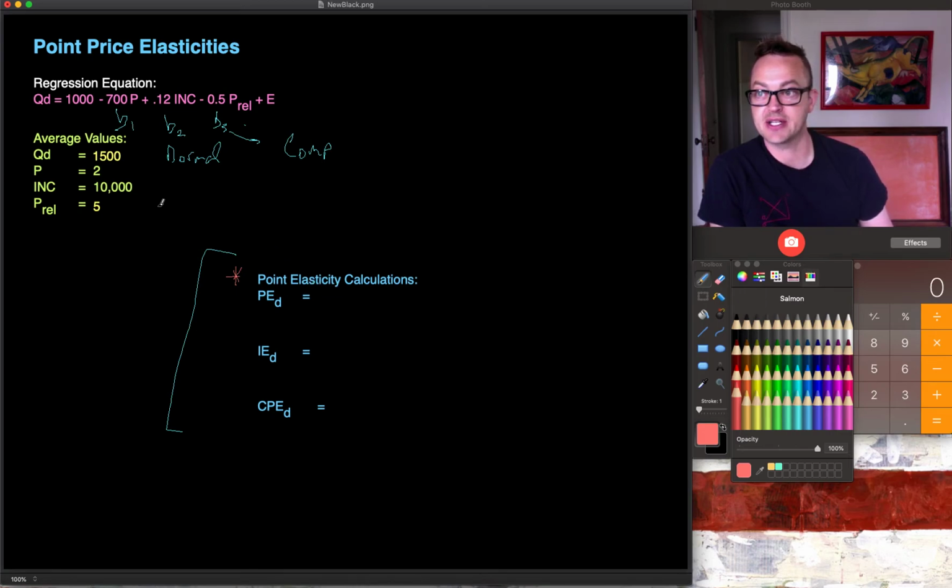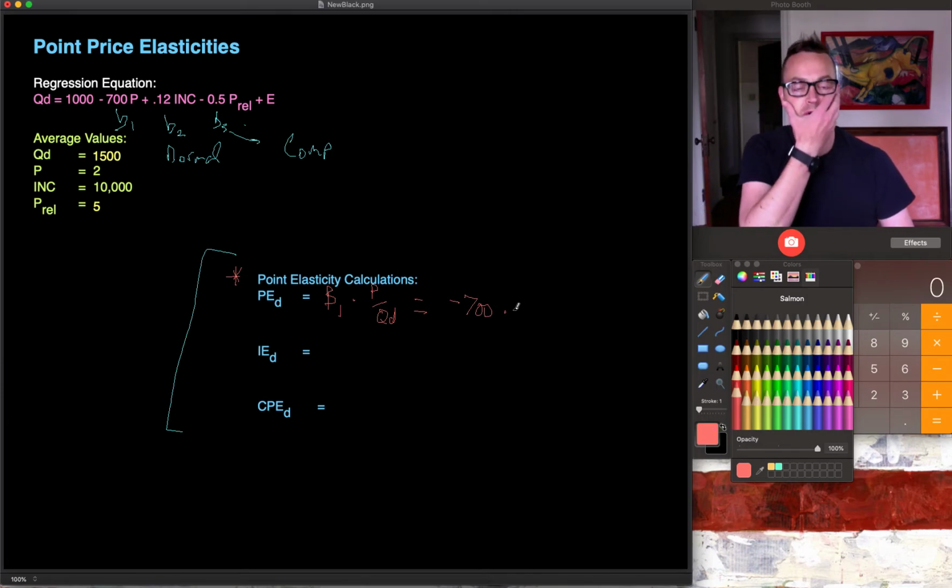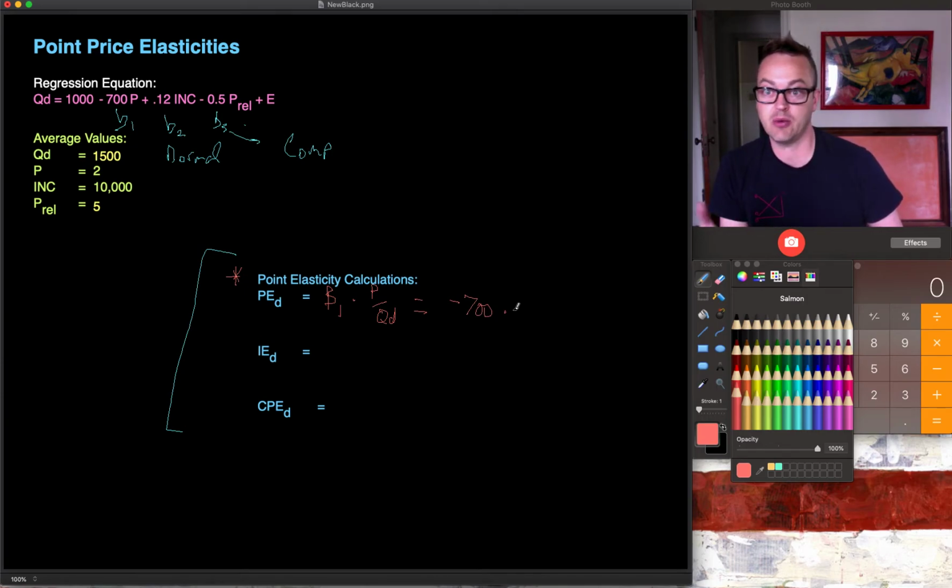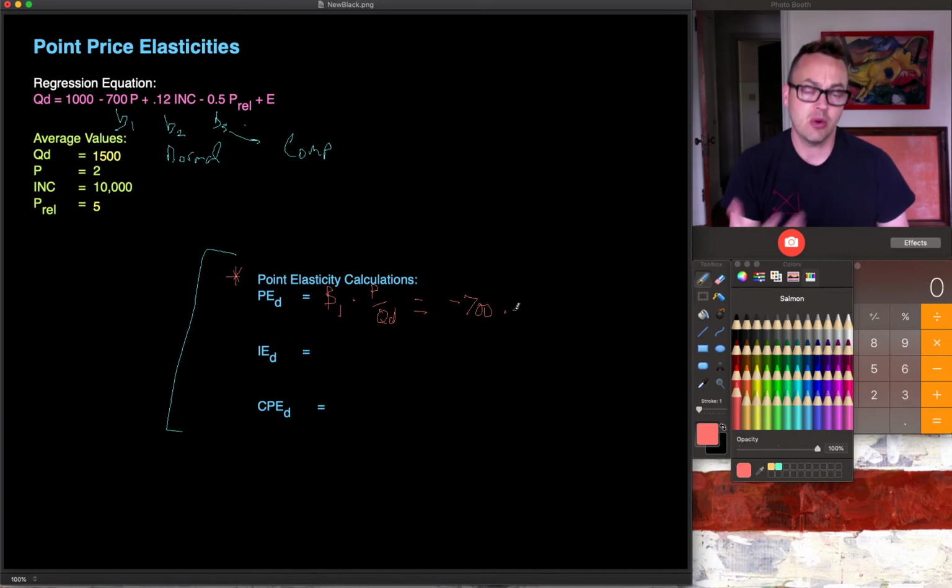Okay, so back to the lecture notes. We see that our beta coefficients help us calculate these elasticities. We need beta 1 times some price level divided by our quantity. Beta 1 is easy. That's minus 700. Now, what price level, what quantity level would we use? Well, we could use this at various levels.